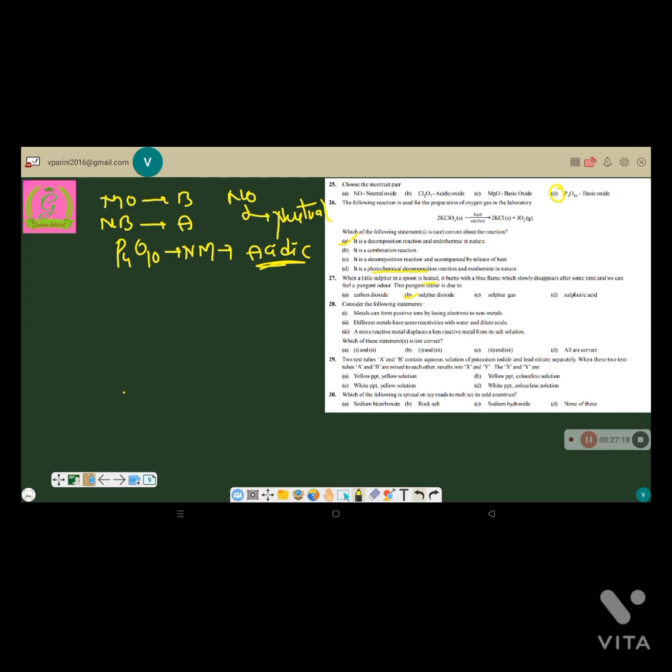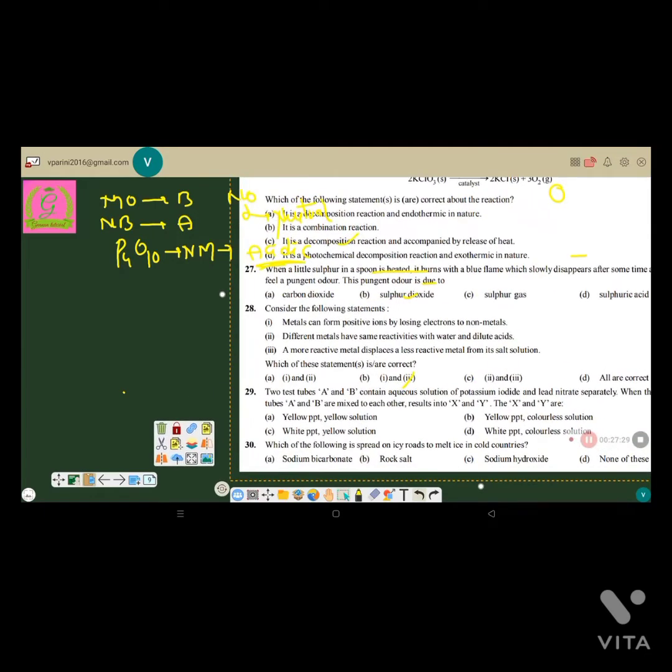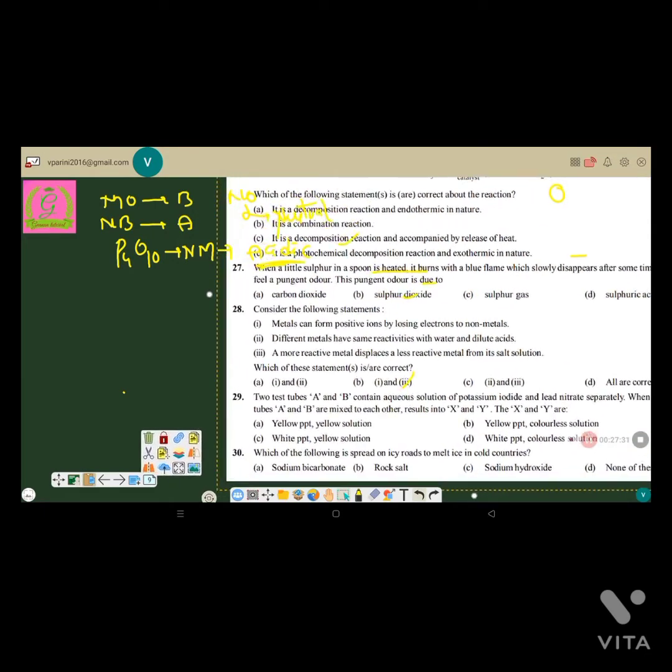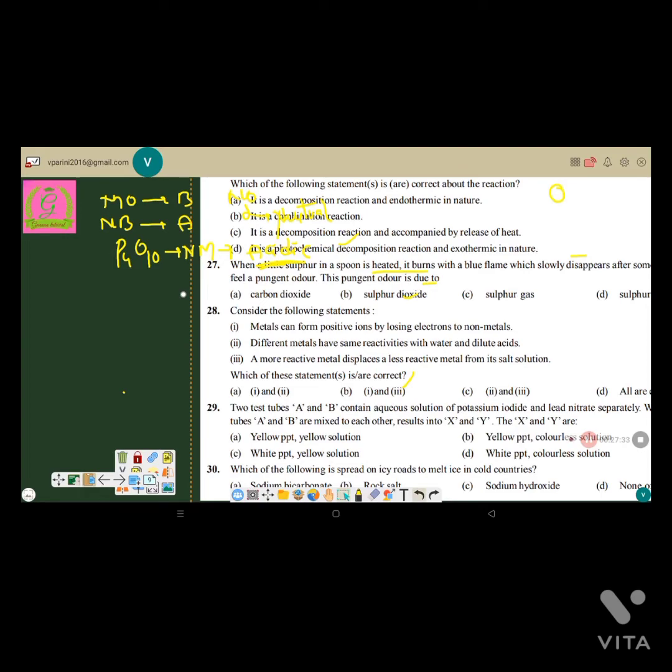Consider the following statements. Metals can form positive ions by losing electrons. That is absolutely correct, because all metals can lose electrons, forming positive ions, unlike non-metals. Correct.